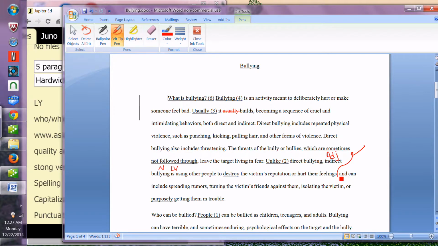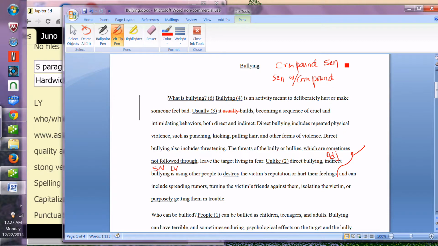Now you can put a comma here if you have another subject. Let me put this as your subject noun. If you have another subject noun on the side of this "and," because that would make it a compound sentence. And so there's a difference between a compound sentence and a sentence with compound parts.